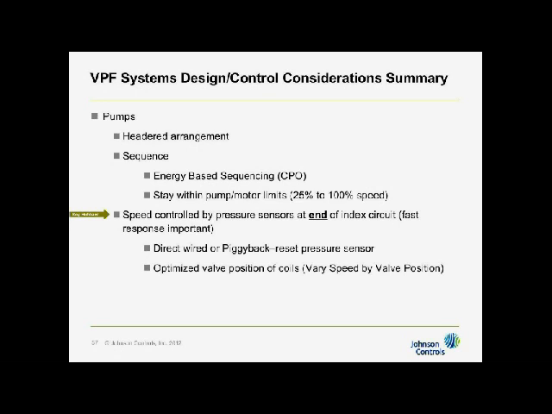Okay? Now, these pressure sensors that control variable speed drives need to be direct wired. Otherwise variable speed drives can hunt. Don't connect a pressure sensor through the network and have it fight network traffic to control variable speed drives in the plant. They need to be direct wired. Now, that can be a problem locating at the end of the circuit when you're clear across a parking lot to another building. So there are ways in which you can locate a pressure sensor in the plant that gets reset.